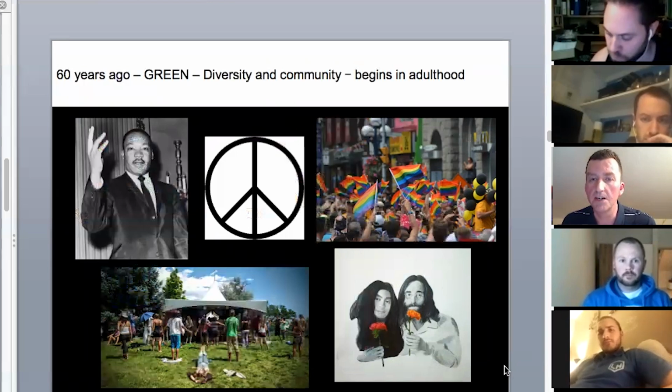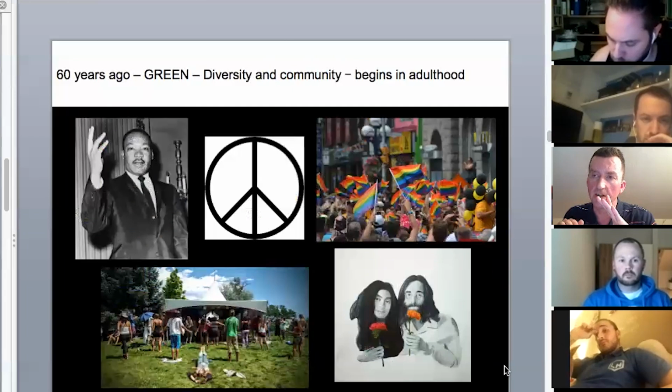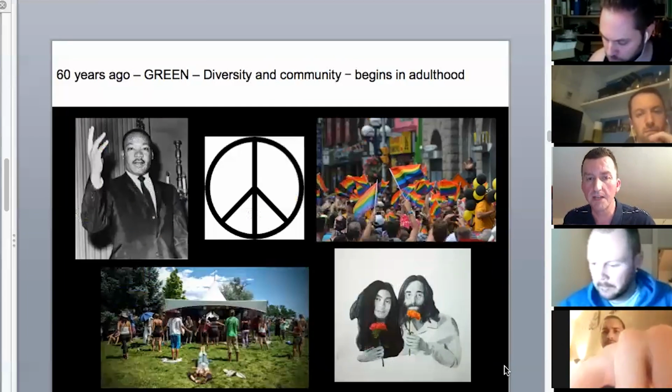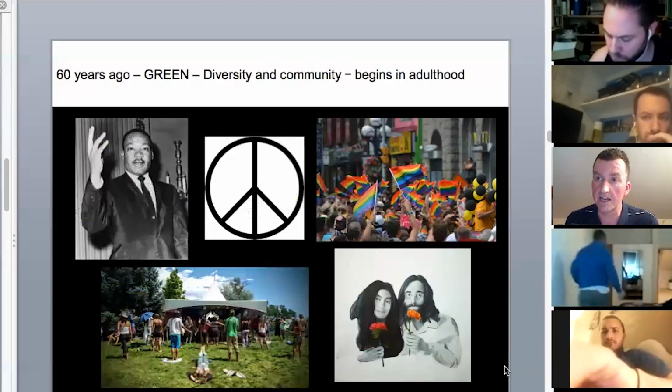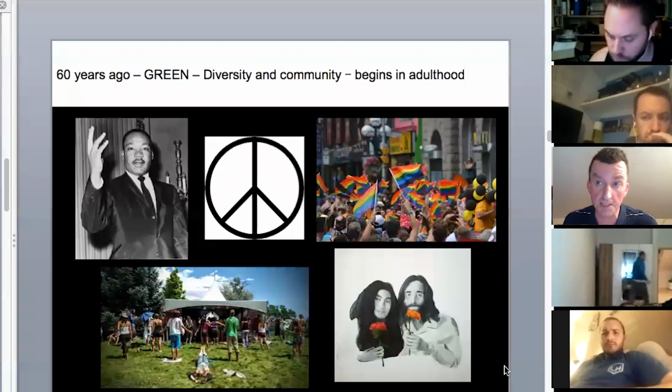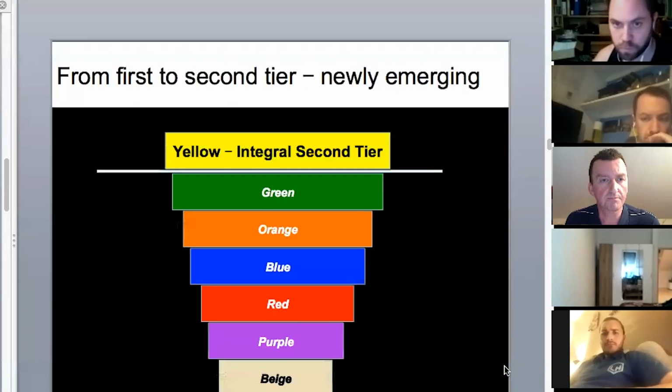What it started to say was this pyramidical system is rewarding some, but there are loads of people at the bottom of the pyramid, and they're suffering, and those people need to be brought into the mainstream. So that's how we get the green view, which is very predominant today. Probably about 20 to 25% of adults in Western systems.